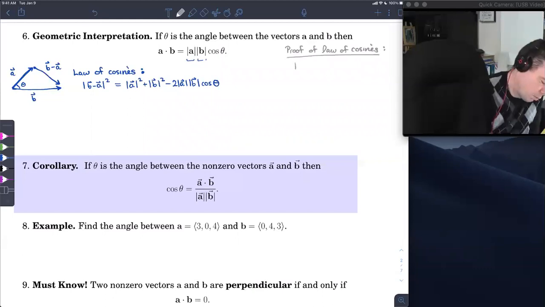So what we're going to do is draw a triangle, but I'll try to make it so it doesn't look like a right triangle. So maybe something like this here.